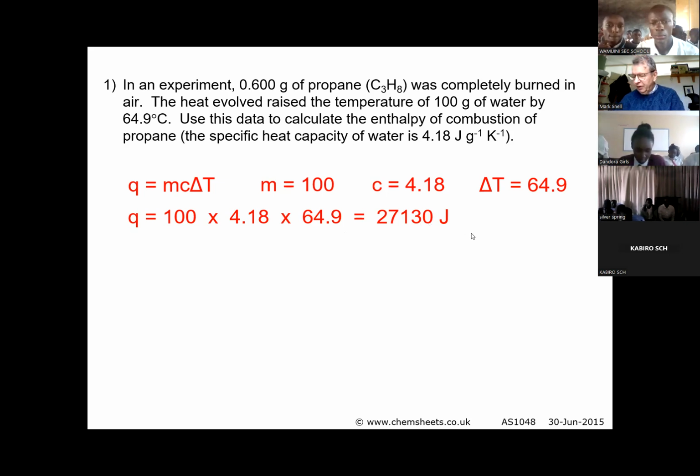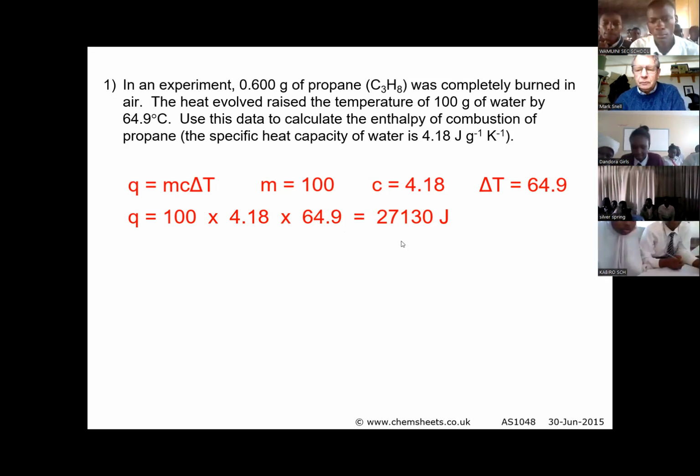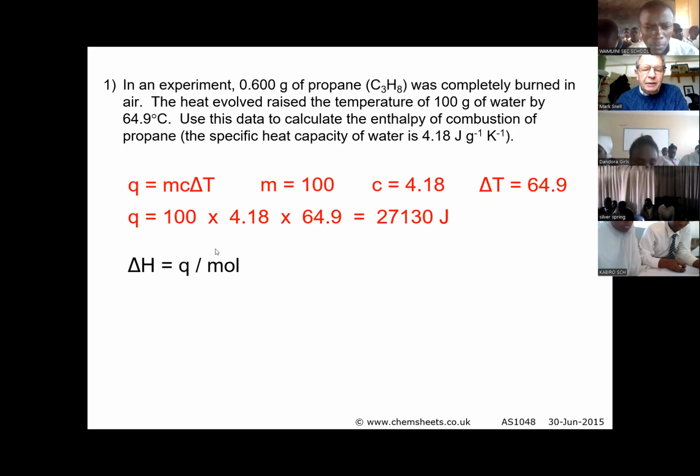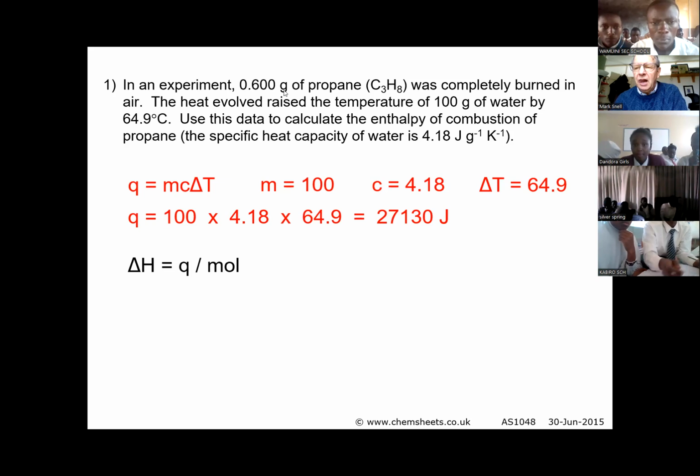27,130 approximately. I got 27,128, but it doesn't matter, it's only approximate. Then, to find delta H, it is this number divided by the moles of the chemicals which are reacting. The chemical which is reacting is the propane, and it says we have 0.600 grams of propane.